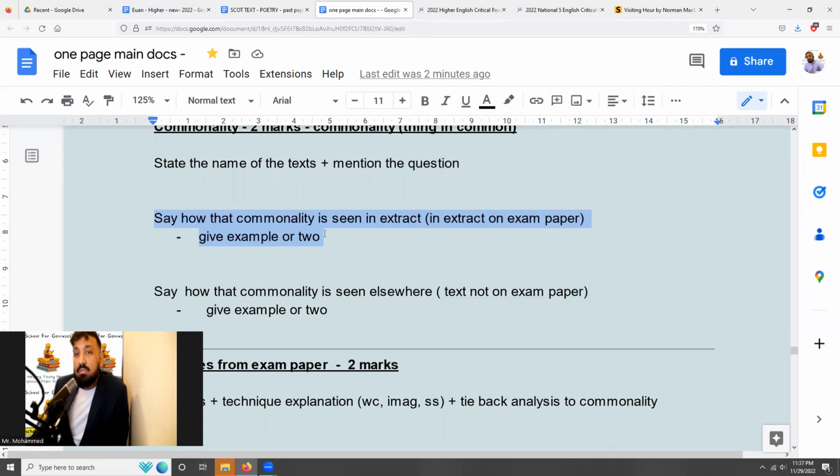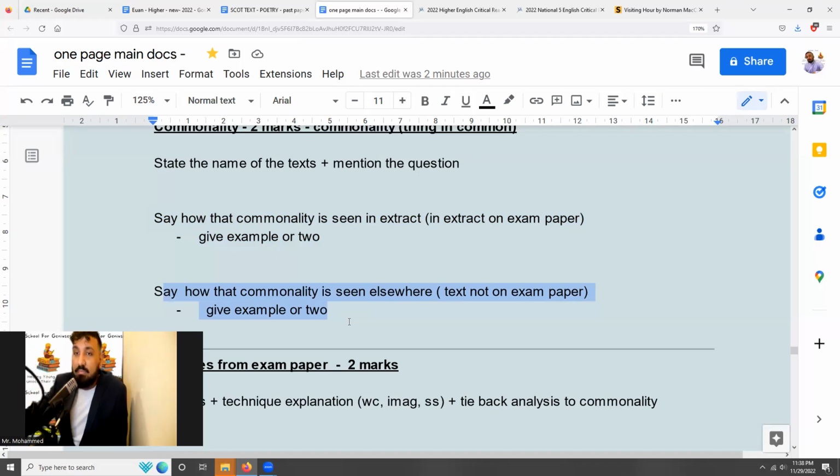You don't need to quote, you just say in your own words what the exam paper talks about. Then you do the same thing for how you see that elsewhere, in the text not on the exam paper. And then, again, you just give a basic example.